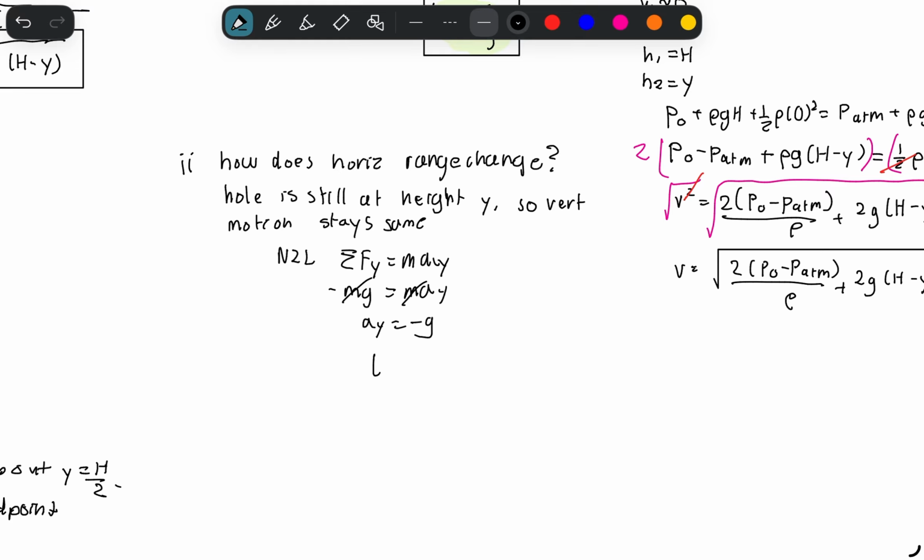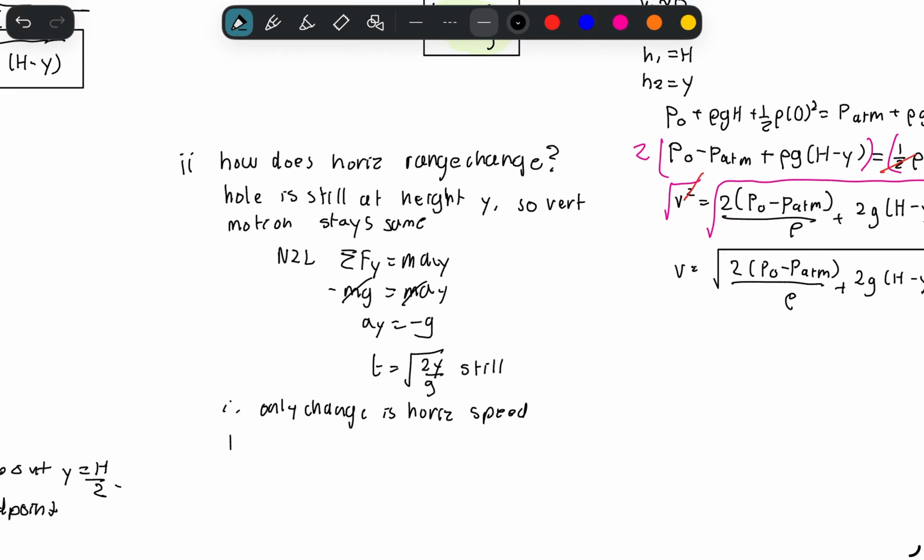And we know that t is still going to be the square root of 2y over g. Therefore, the only change is going to be your horizontal speed.